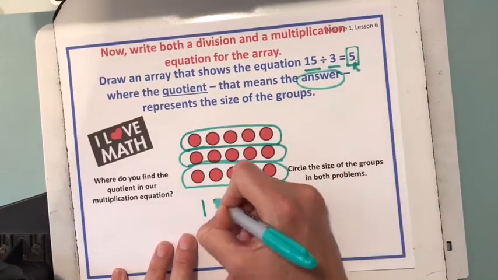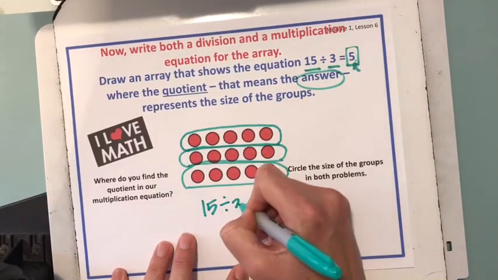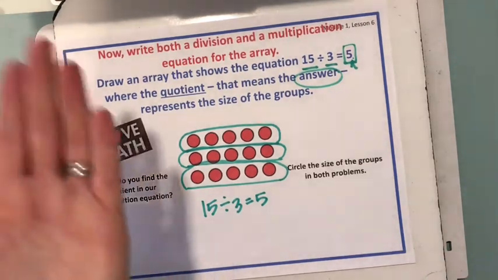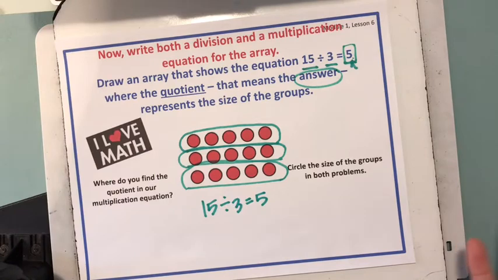So I'm going to rewrite the division sentence. There are actually two different ways that you could do the multiplication sentence, which is really crazy. But watch this. Remember, division is the opposite of multiplication, right?